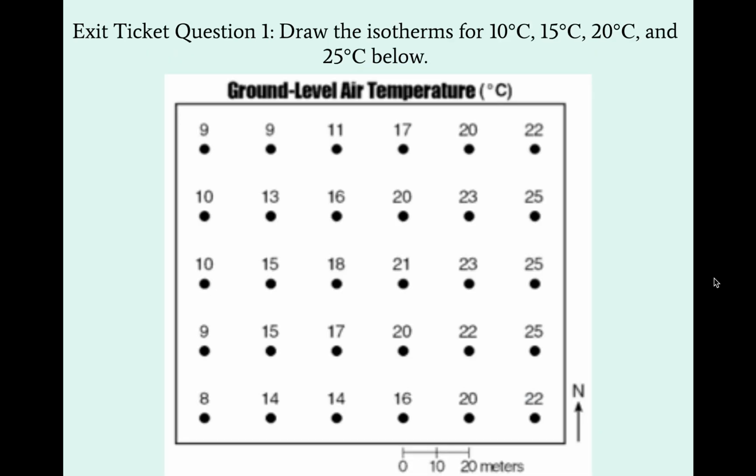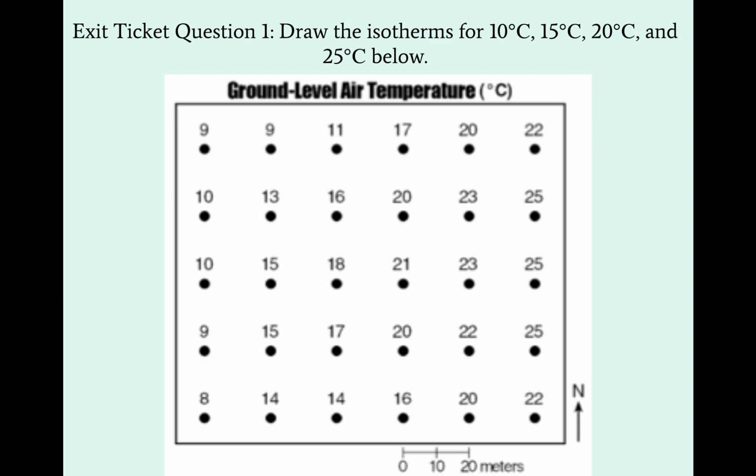All right, this brings me to our exit ticket. There are 2 questions. The first question is that I want you to draw isotherms for 10 degrees Celsius, 15 degrees Celsius, 20 degrees Celsius, and 25 degrees Celsius.